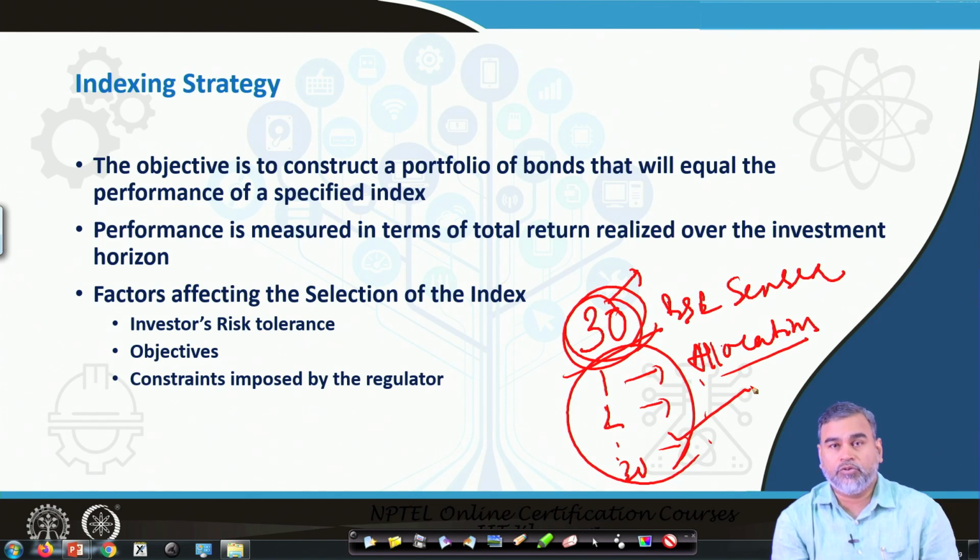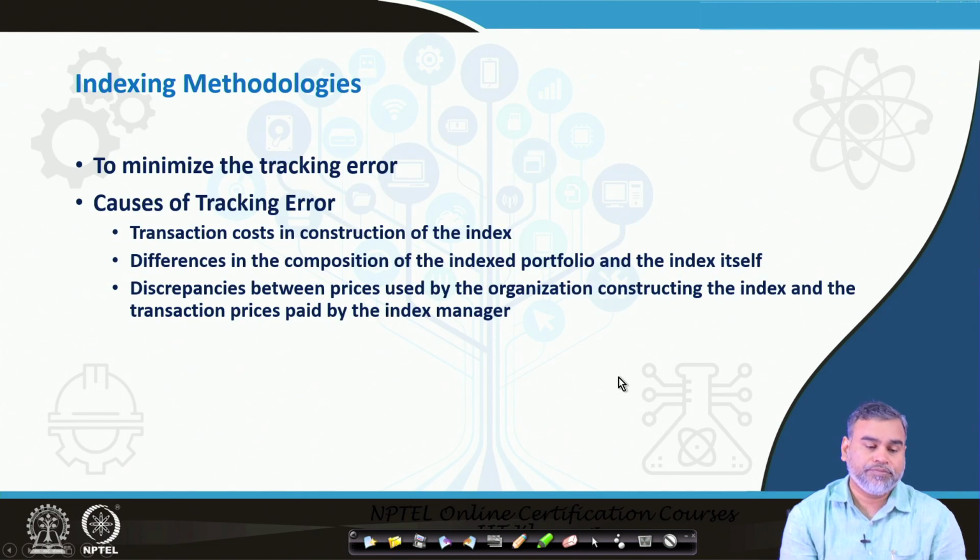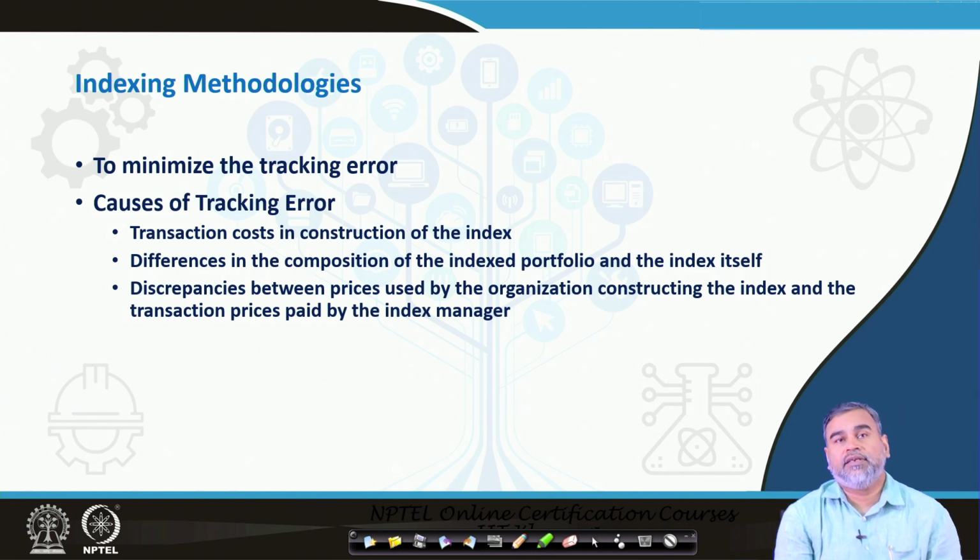In this context, our basic objective is to minimize the tracking error. What is tracking error? The tracking error is nothing but the variation of the difference between the index you are constructing and the index you are replicating.